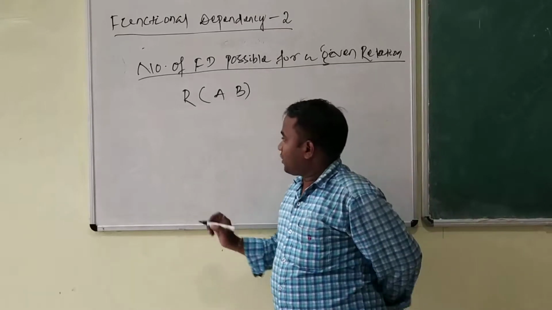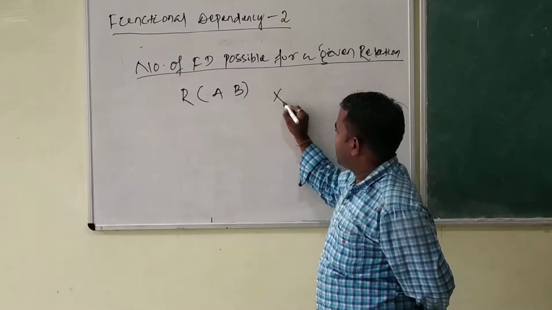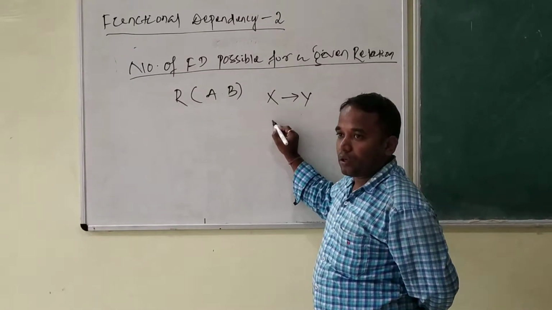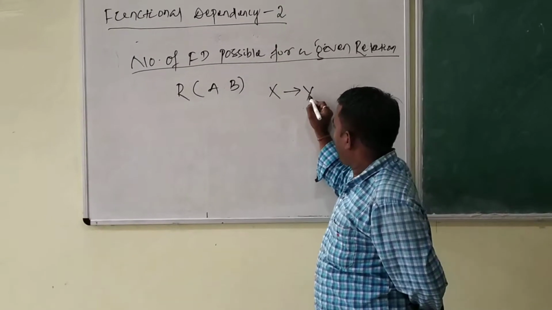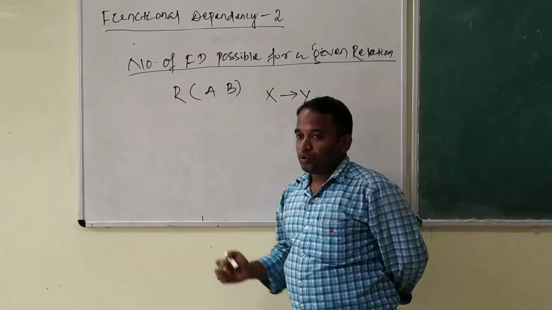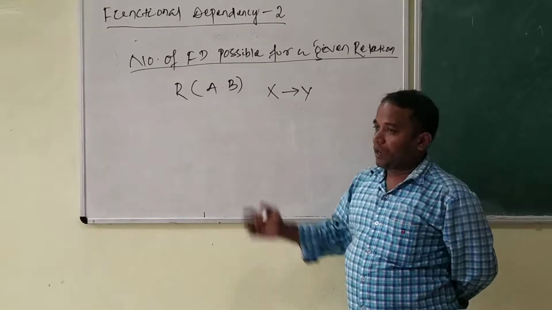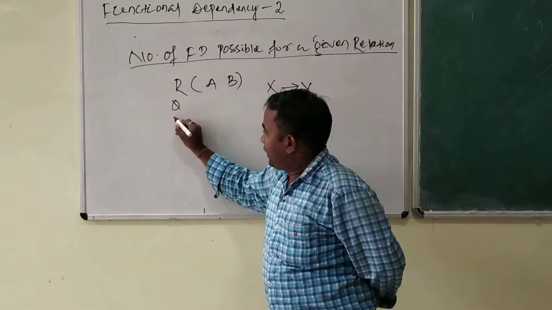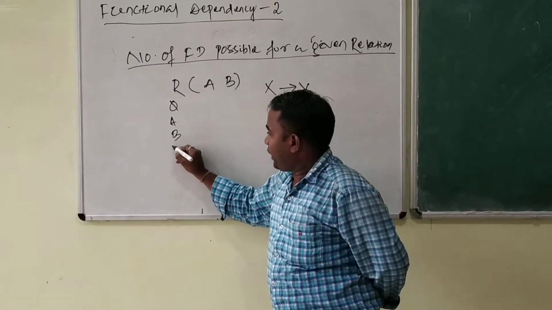As I have already told, any functional dependency X determines Y has X as a subset of the attributes and Y also as a subset of the attributes. As we have 2 attributes, we can have 4 subsets: phi, A, B, AB.